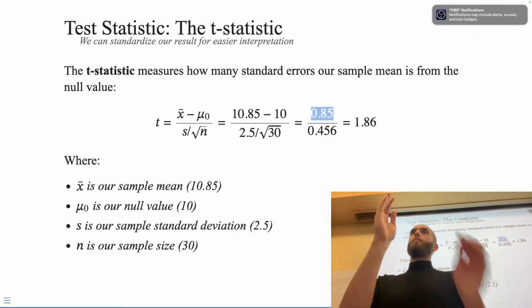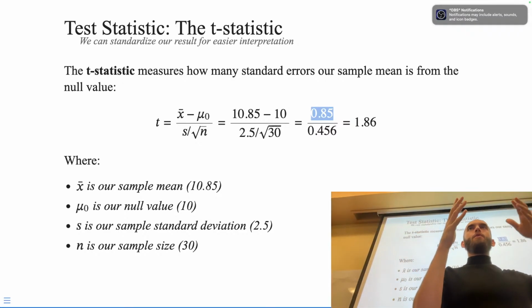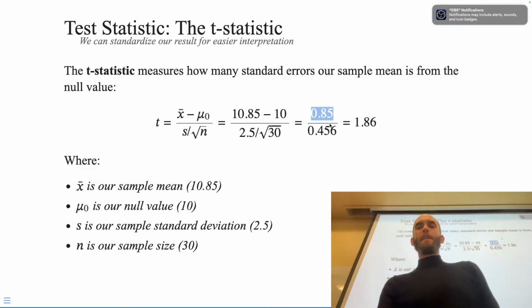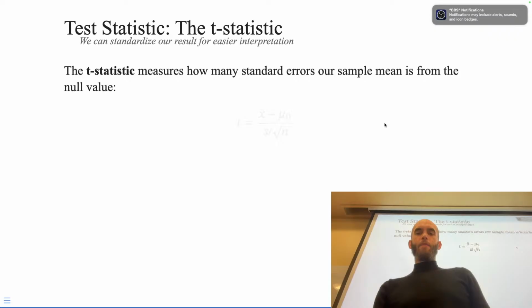So if you put standard errors on the horizontal axis, you would see that our guess is just less than 2 of those away. It's how many standard errors away these things are, and here it's 1.86. So this is the number that I computed.